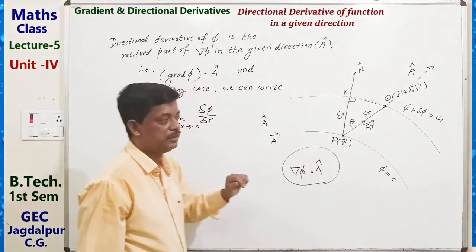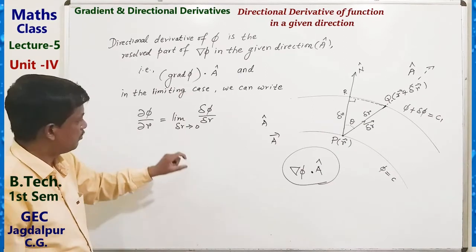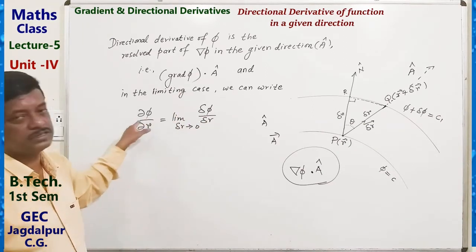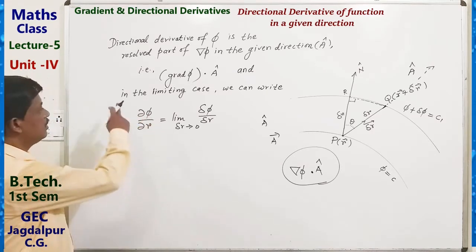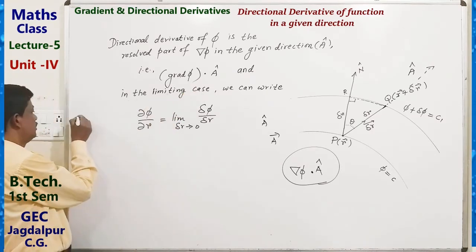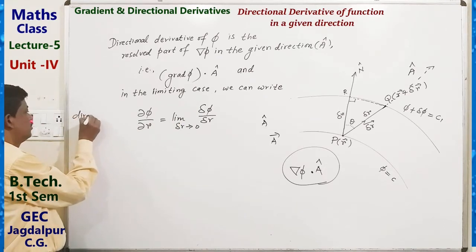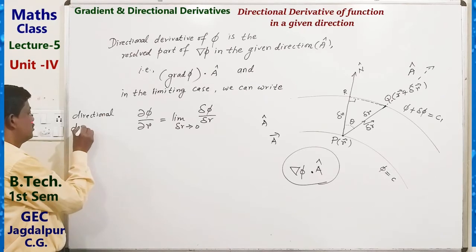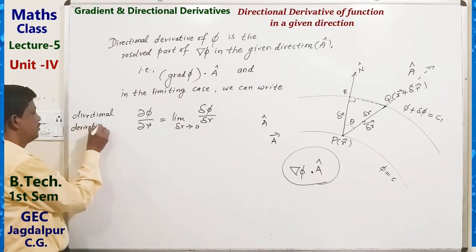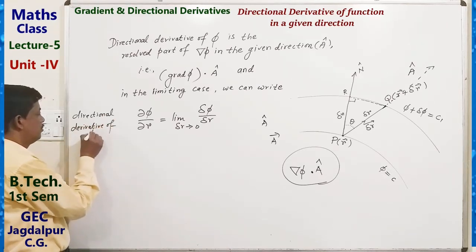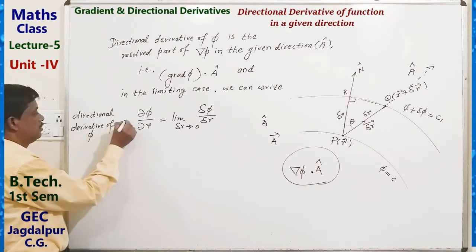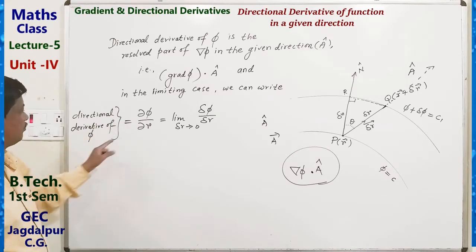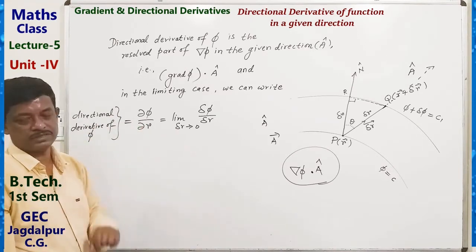So the increasing part is delta phi, and delta phi by delta r, its limiting value, is the directional derivative. In the limiting case, the directional derivative of phi is equal to del phi by del r equals this.